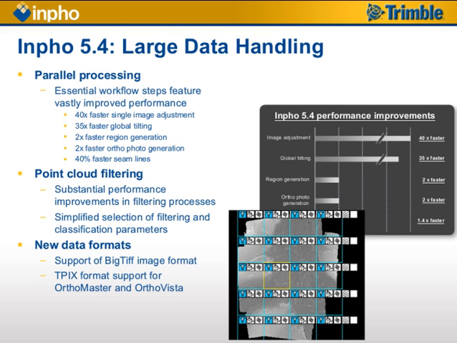And again, the computer hardware was helping us a lot in that aspect. Looking at the figures right here, for example, in the orthophoto production, some tasks are even 40 times faster than before. So we really did a lot of improvements concerning the performance in all our modules.